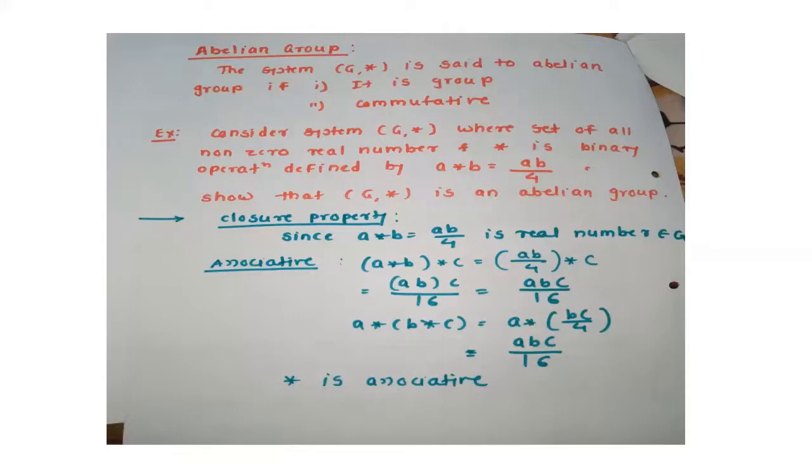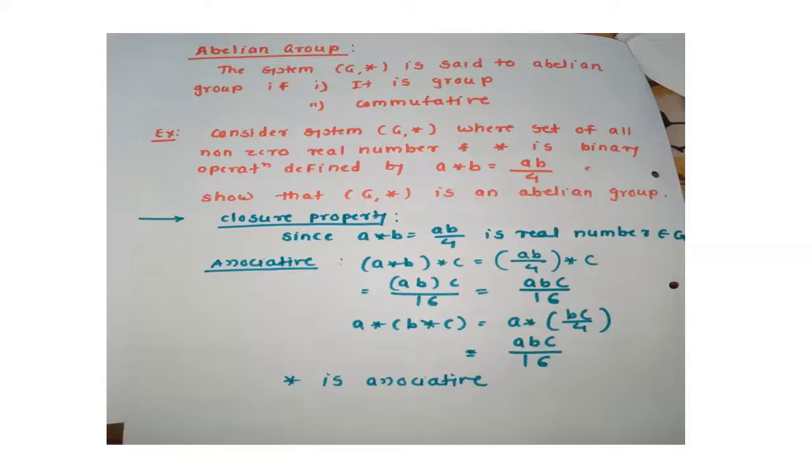We satisfy the properties one by one. Closure property: since A star B is equal to AB by 4 is a real number, it belongs to G. Whatever the operation A star B equal to AB by 4, it is also a real number which belongs to the set we consider.